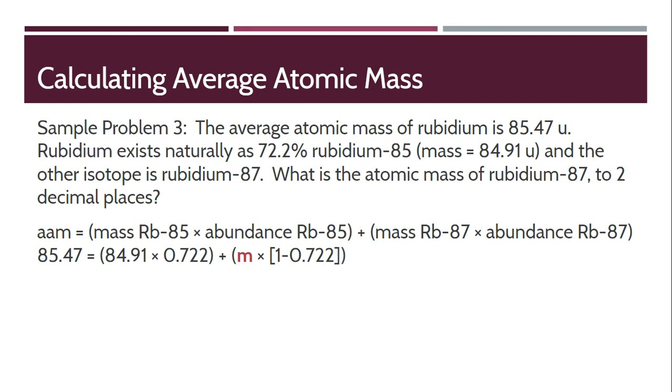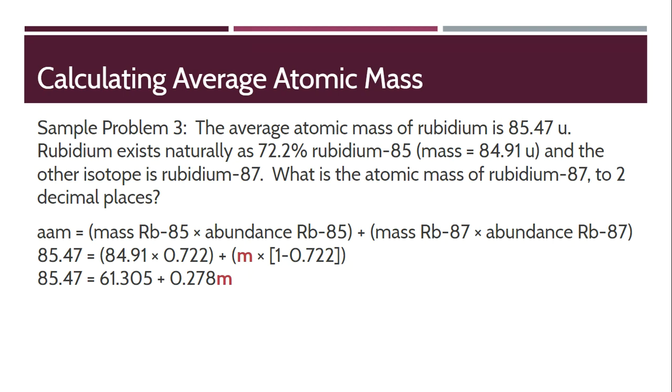So I've just left that as a variable m. And then we can determine the abundance of rubidium-87 by subtracting 0.722 from 1. So doing some of those calculations, I've multiplied the mass and abundance of rubidium-85, and I've subtracted 1 minus 0.722 in the next line.